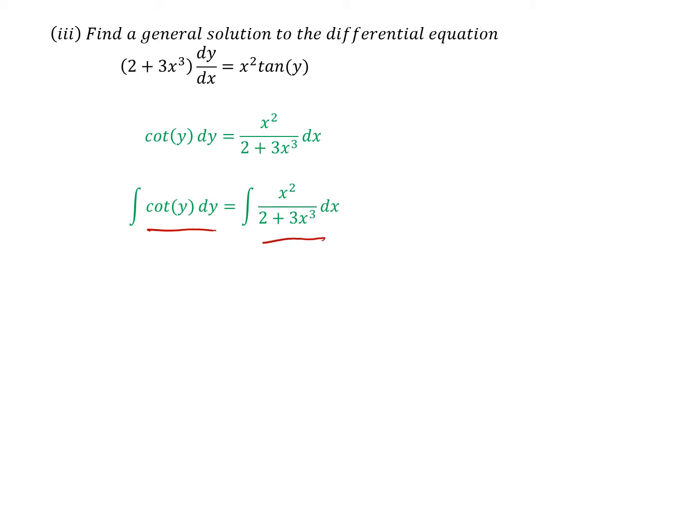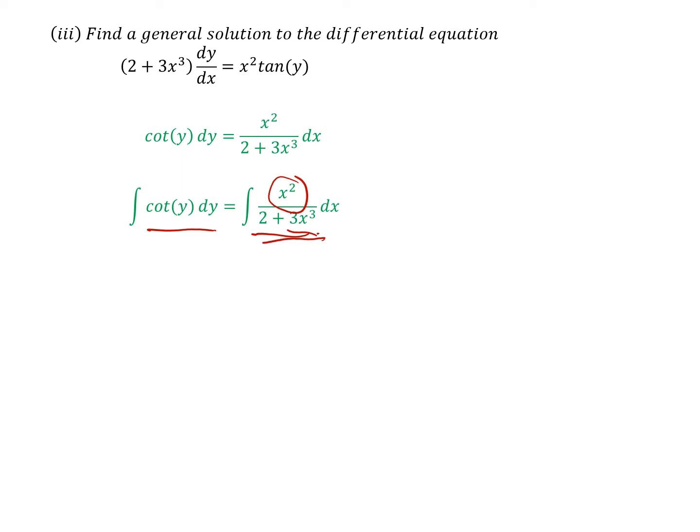But what about this? Well, this also looks a bit like a ln integral because the differential of the denominator, 2 plus 3x cubed, is a multiple of x squared.